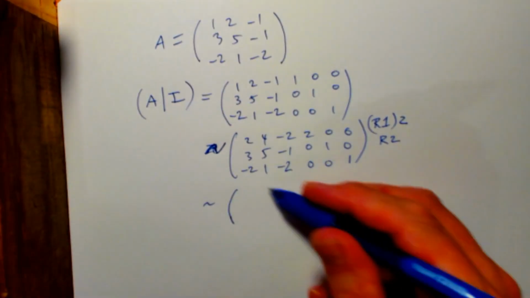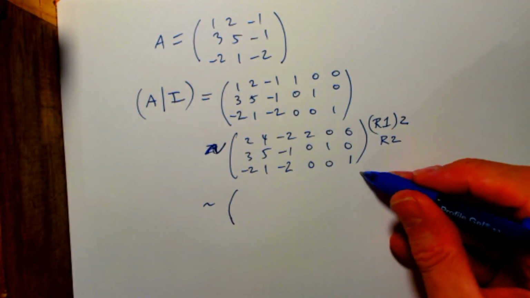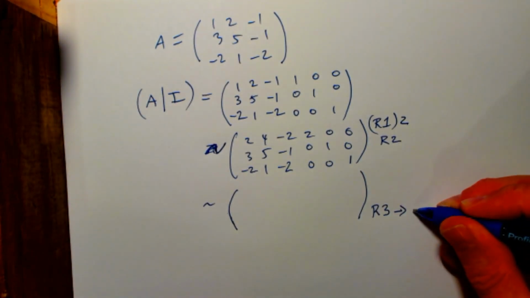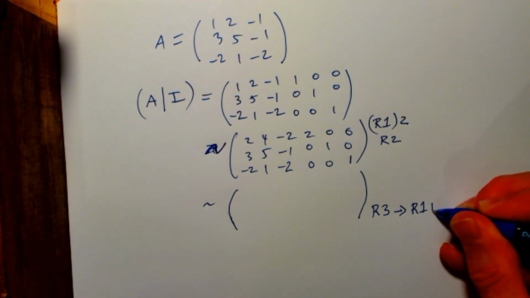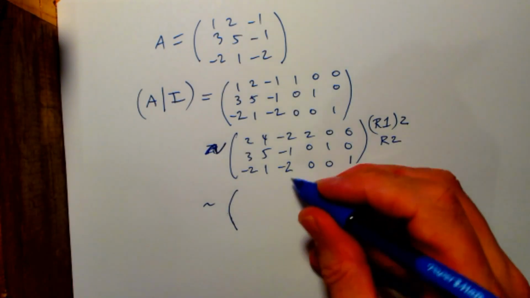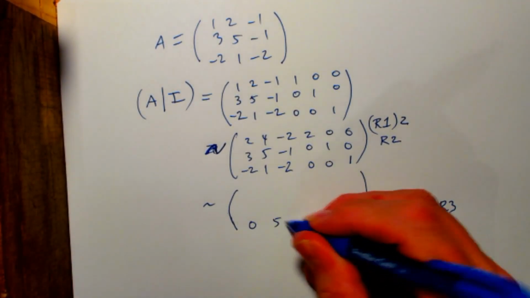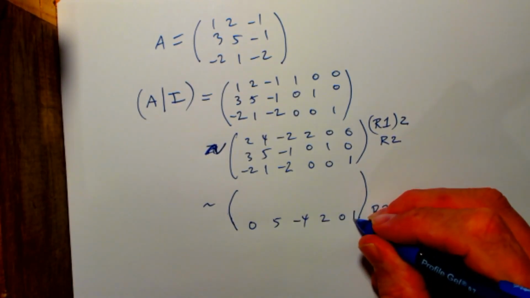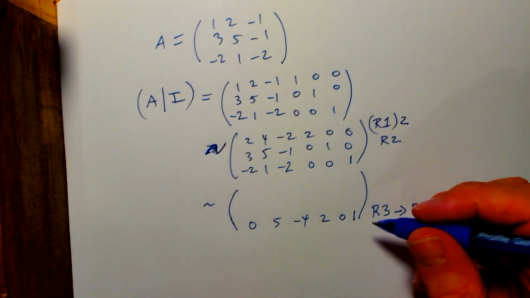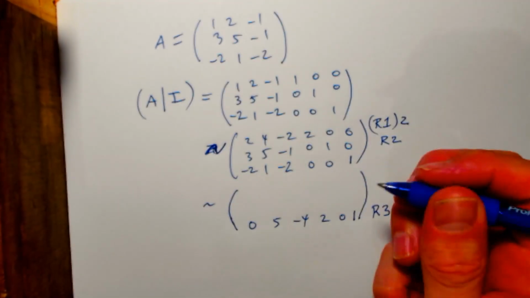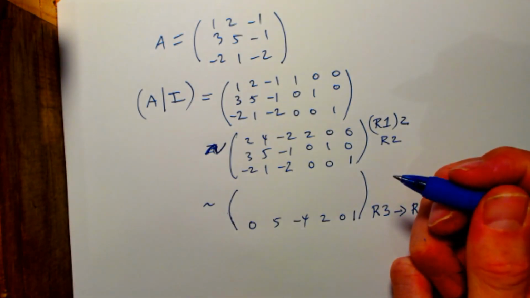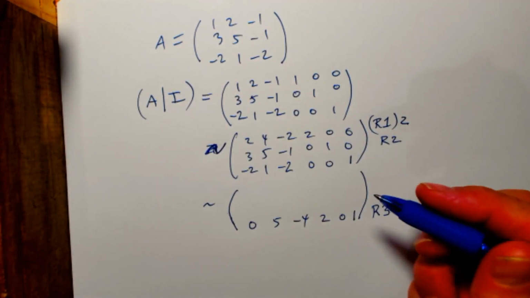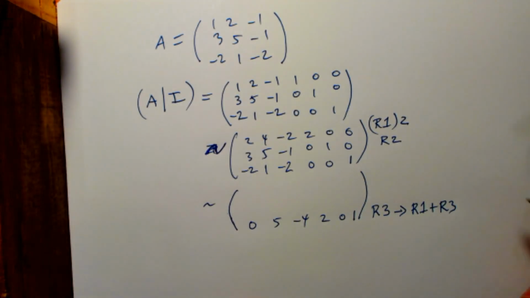Okay, now we want to add row 1 to row 3, so we're replacing row 3 with row 1 plus row 3. So that'll be 0, 5, minus 4, 2, 0, 1. Okay, and then everything else the same, except for now I can divide row 1 by 2, and in fact let's multiply that by 3 while we're at it.